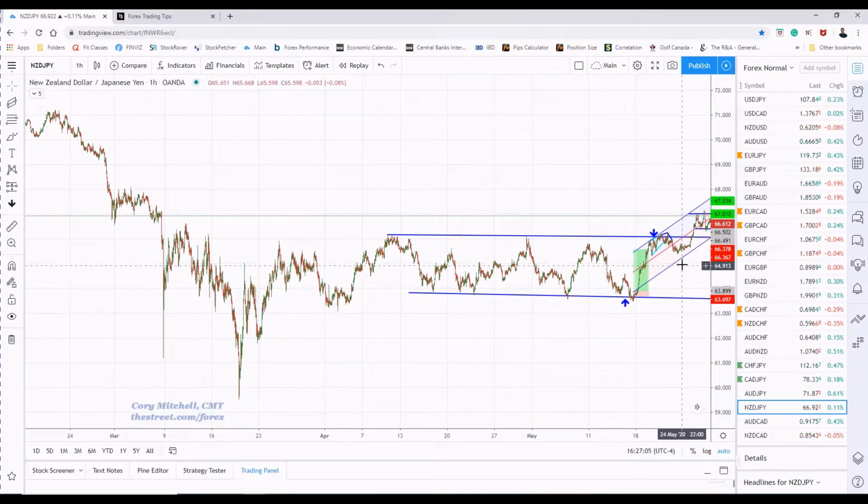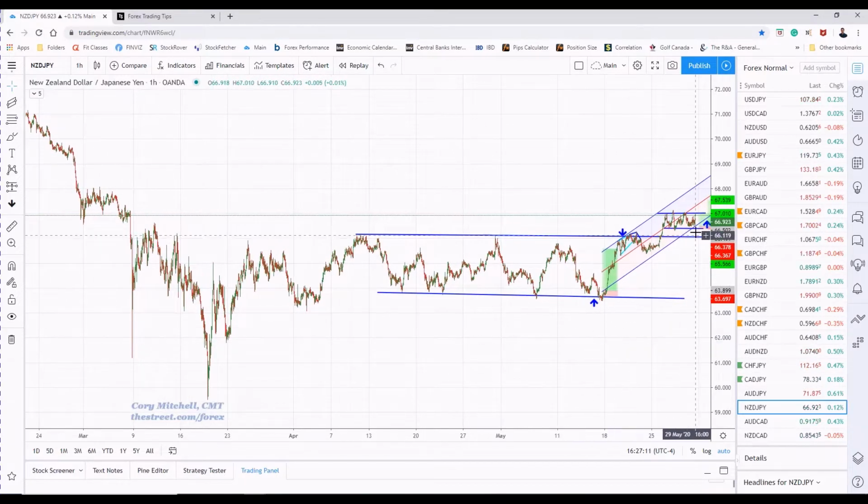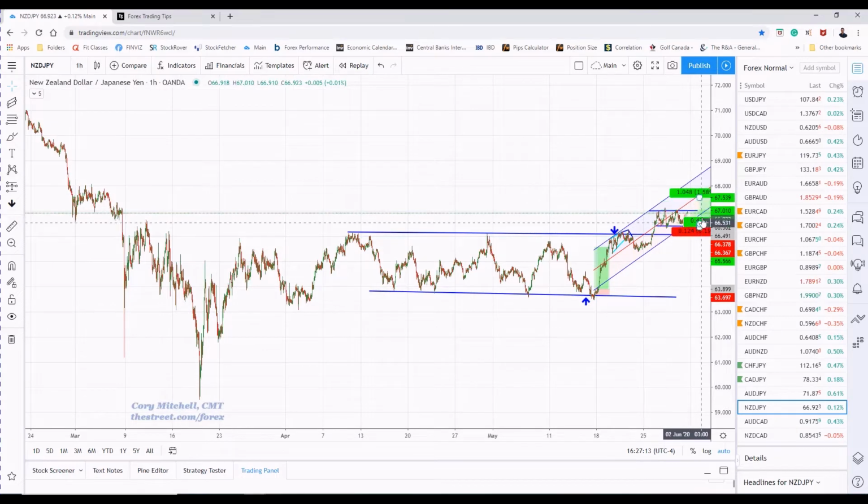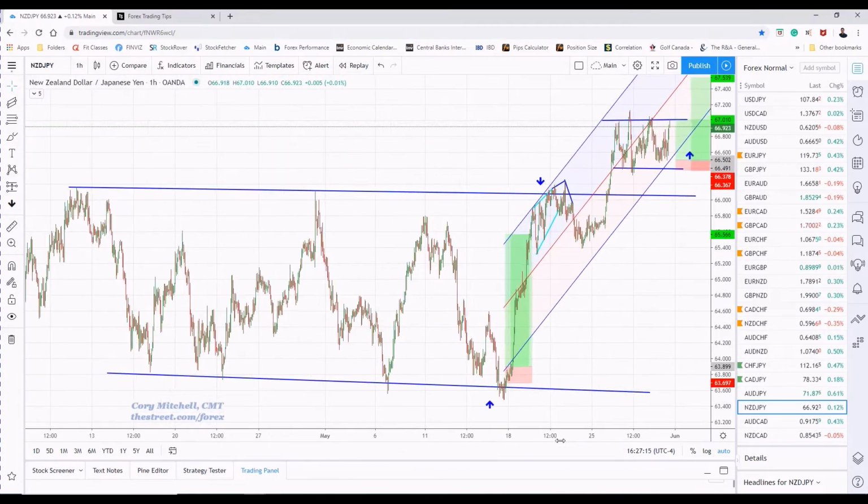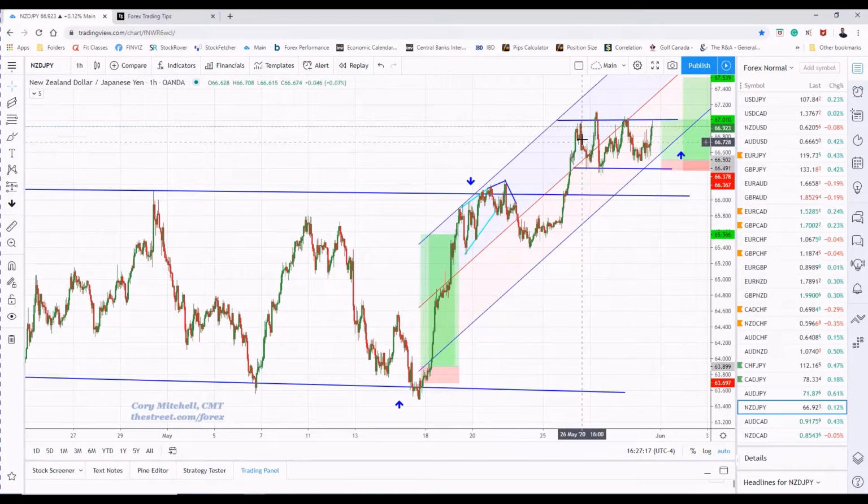So at this point right here, we can see we're getting back toward the low of this channel. And I've thrown a few little possible trade candidates out here. As the price has broken out, it started to move into another mini price structure. So I drew that in just to show that we're in a range.